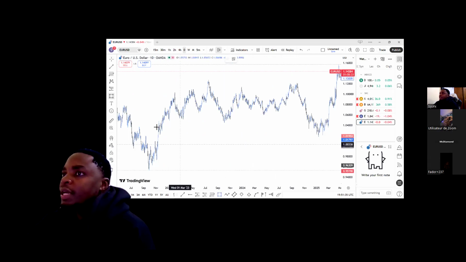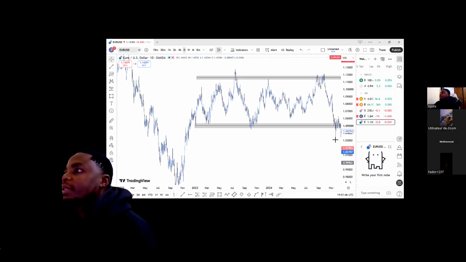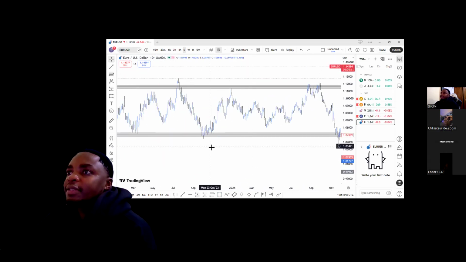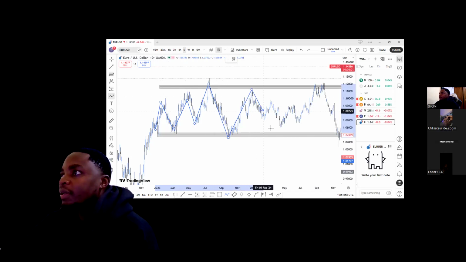Like this one is already an example of a ranging market. People always feel like the market is too hard. It's not that hard. This is a brief example of a ranging market. It's not going up, it's not going down. It's just coming up here, coming down here, going up here, and coming back down.